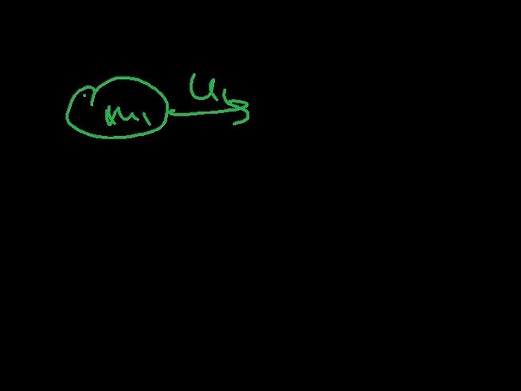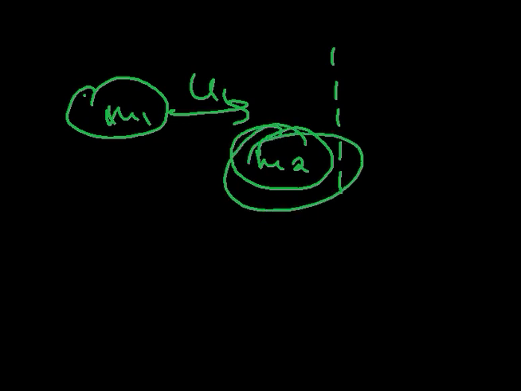And we have the other object, an object of mass m2. After some time, upon reaching this far, object 1 hits object 2, and they both go in different directions.